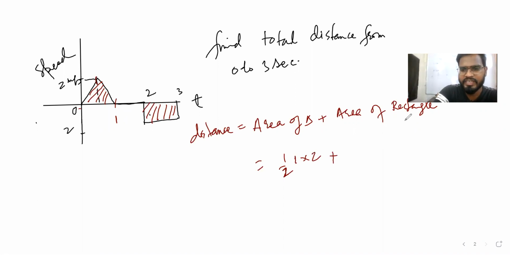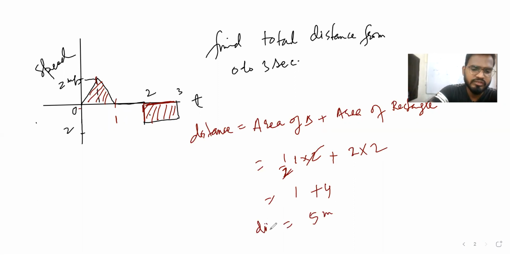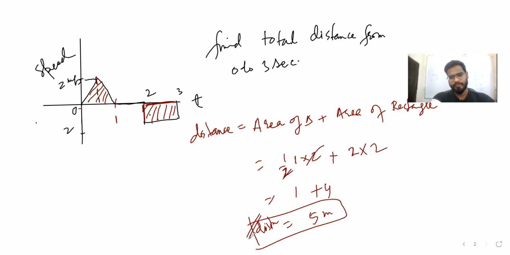Area of the rectangle is length into breadth, right? Both are 2, so 2 into 2. So it is going to be 1 plus 4, so it is going to be 5 meter of distance. You can find it by this one.